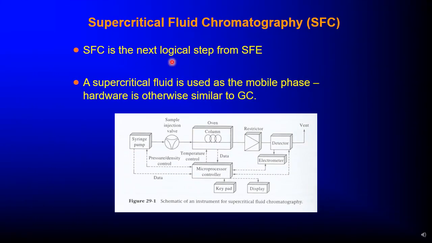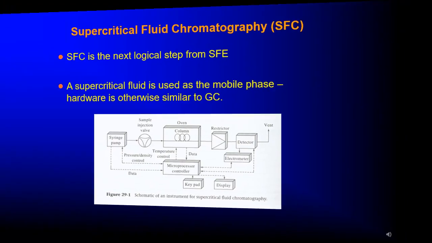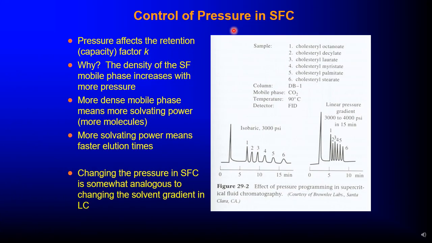Then supercritical fluid chromatography is the next logical step from supercritical fluid extraction. A supercritical fluid is used as the mobile phase. Hardware is otherwise similar to gas chromatography, as you can see. Then control of pressure in supercritical fluid. Pressure affects the retention factor, which is k. Why?